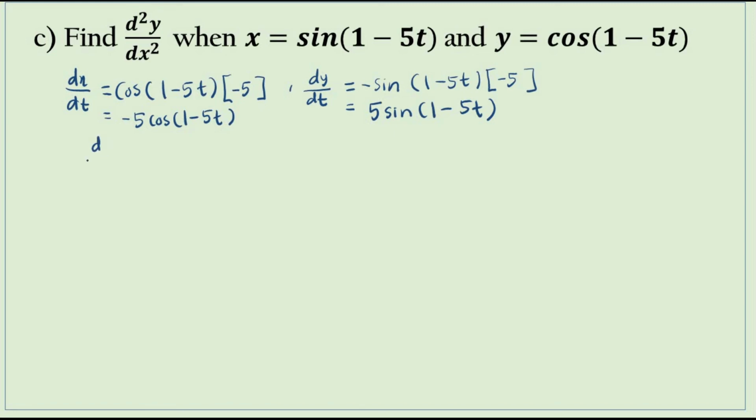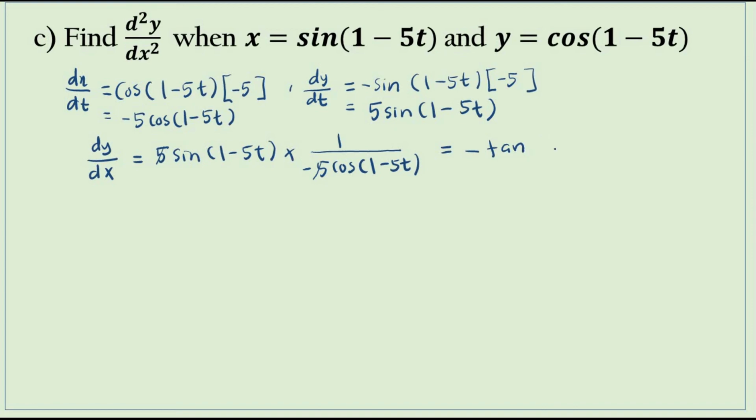Substitute this into our chain rule, so dy/dx is equal to 5 sine of (1 minus 5t) times 1 over negative 5 cos of (1 minus 5t). Simplify this out, we get negative sine over cos, which is tangent, so negative tangent of (1 minus 5t).